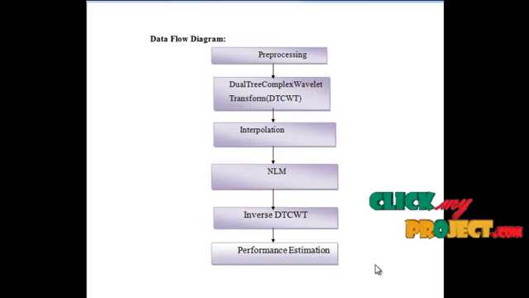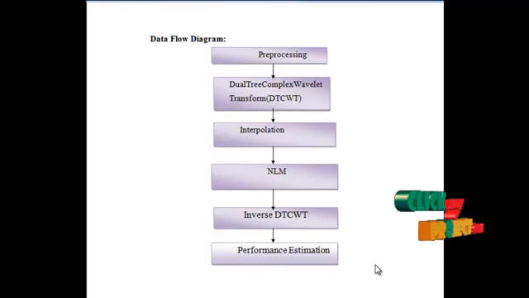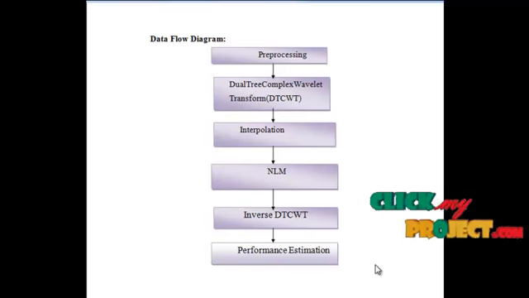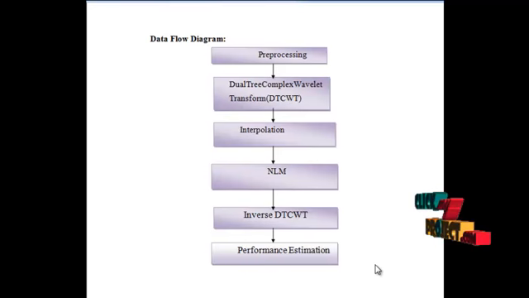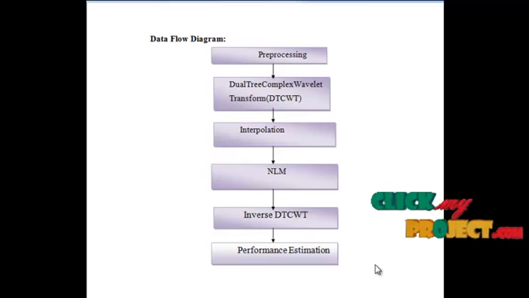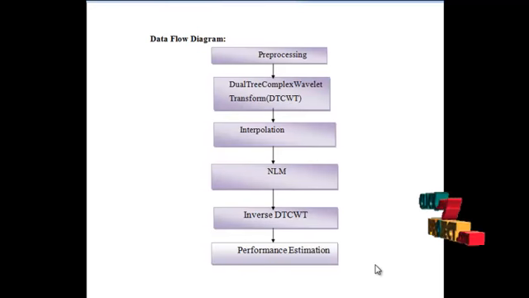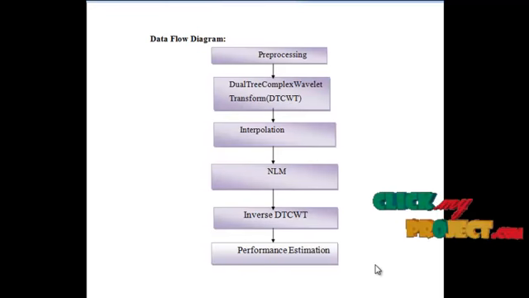Now we discuss the dual tree complex wavelet transform. The dual tree complex wavelet transform is a complex valued extension to the standard discrete wavelet transform. It is a two-dimensional wavelet transformation which provides multi-resolution sparse representation and useful characterization of the structure of an image.